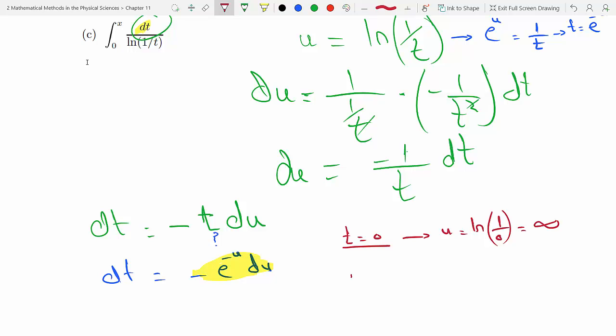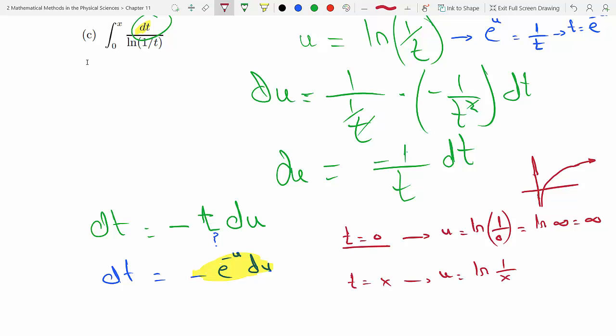Oh yeah, sorry, minus infinity, because the ln approaches minus infinity at 0 plus. No, it's plus infinity. It's 1 over 0, you get ln infinity, which is infinity. As x goes to infinity, ln x goes to infinity. So the answer is infinity. And at t equals x, u goes to ln 1 over x.